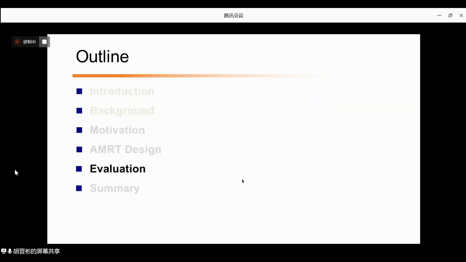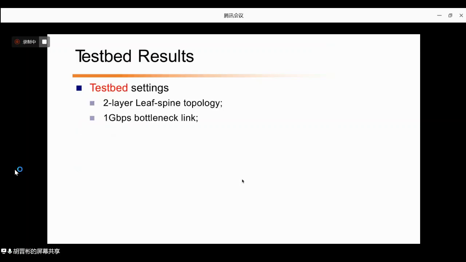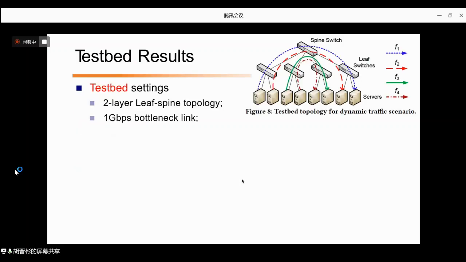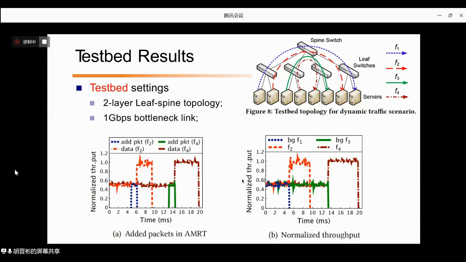Now I'm going to show you the evaluation results of AMRT. We implement AMRT based on Linux kernel. Both these figures show the throughput of AMRT in the dynamic traffic scenario. AMRT successfully grabs the free bandwidth to fully utilize the bottleneck link.